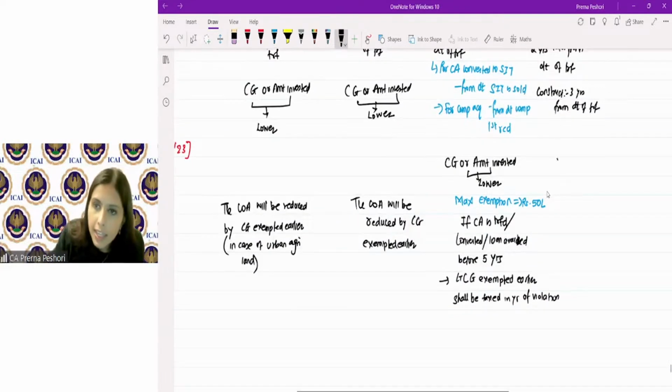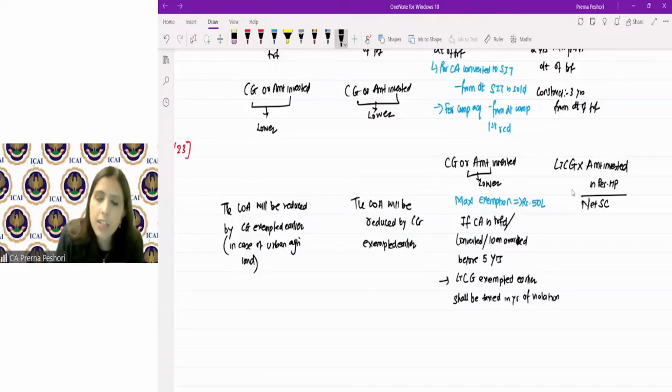Here it will be the LTCG into the amount invested in the residential house property divided by net sale consideration. If the cost of the new house is less than the net sale consideration. If the cost of the new house is greater than net sale consideration, then of course the entire capital gain will be exempt.